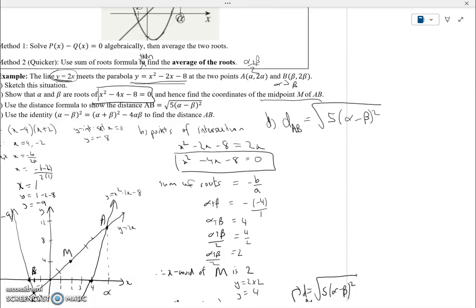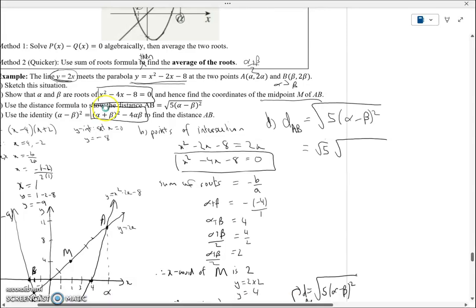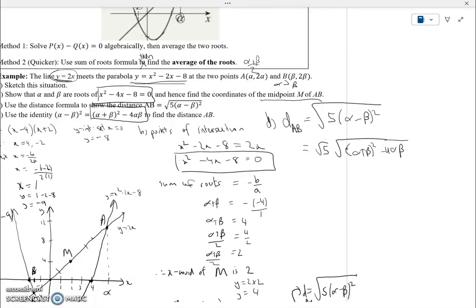This identity we used a lot when doing sums and products of roots, so it gives me an idea that I'm probably going to need to use sums and products of roots. Actually, I'm going to split this. I'm going to bring the root 5 out the front and leave that there. This part here, I'm going to apply this formula. So that's the distance of AB.